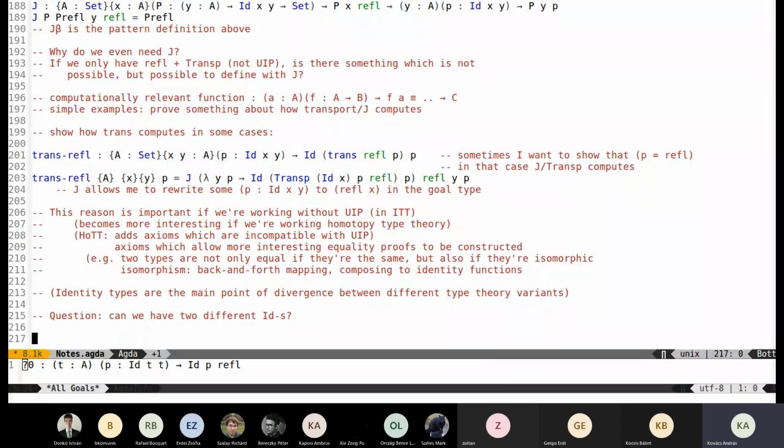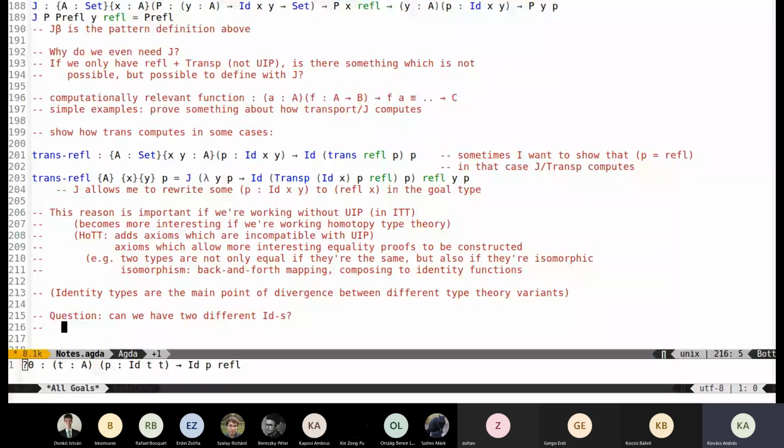If you are not doing more tricks, so if you are only saying that, okay, we have two identity types and one identity type has UIP and the other one does not, then they are forced to be the same identity type. So we cannot just simply duplicate ID and say that one has UIP and the other one does not, because this ID is kind of defined by a universal property. So if you duplicate it, then you can just prove them to be isomorphic as types.